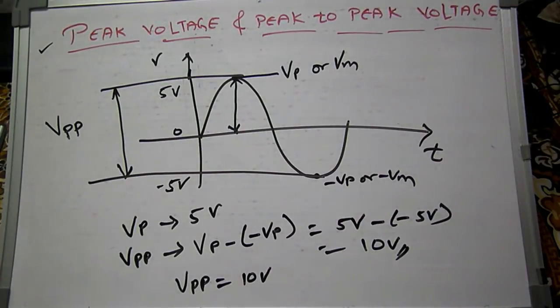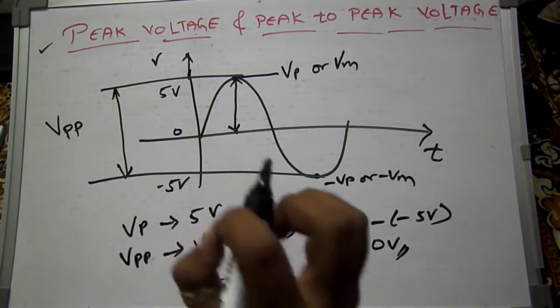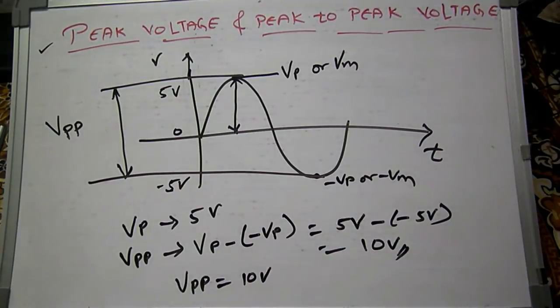This is how we calculate peak voltage and peak to peak voltage. These terms are necessary when we learn RMS and average values.